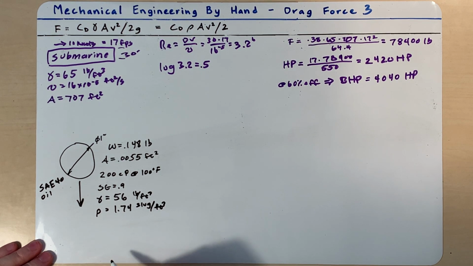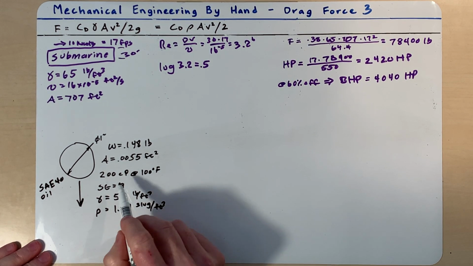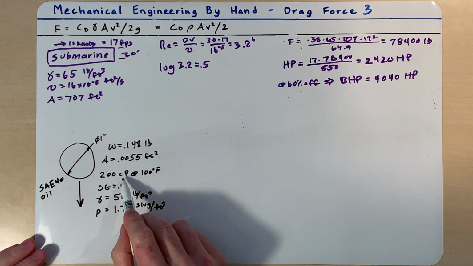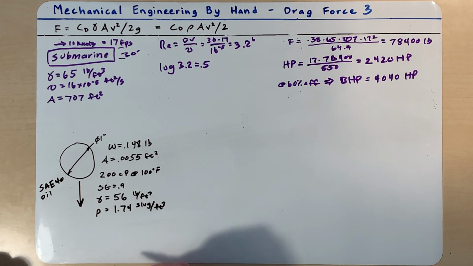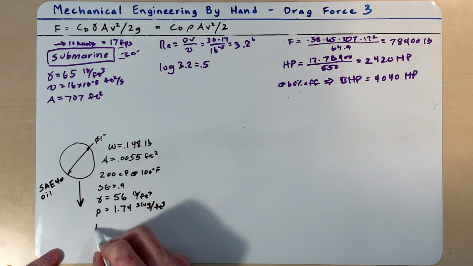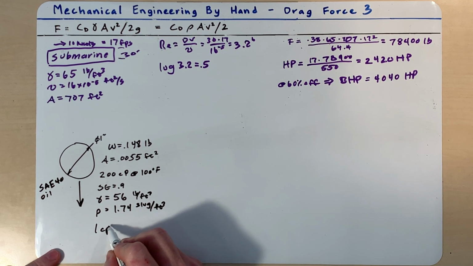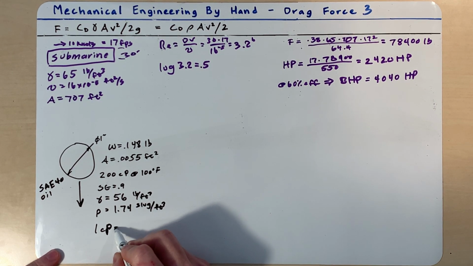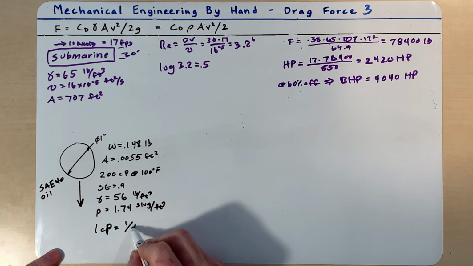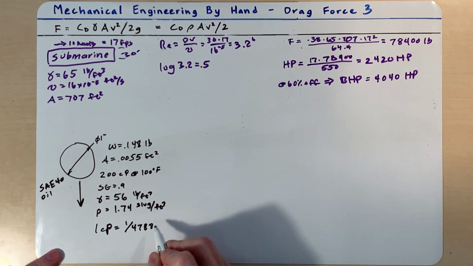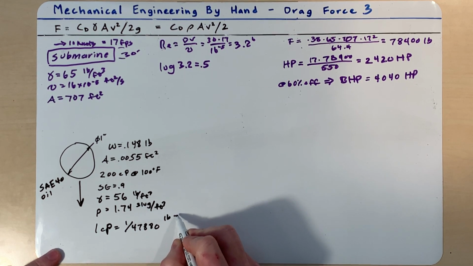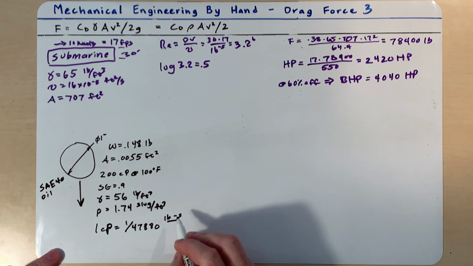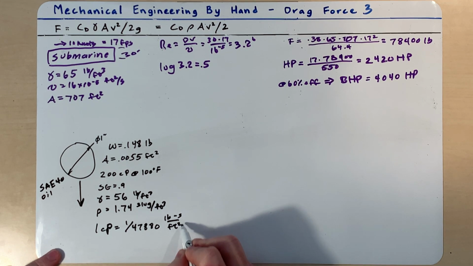Now centipoise is a metric measurement of viscosity, and so we need to convert that to English units. What I use is 1 centipoise equals 1 over 47,880 pound-seconds per foot squared.